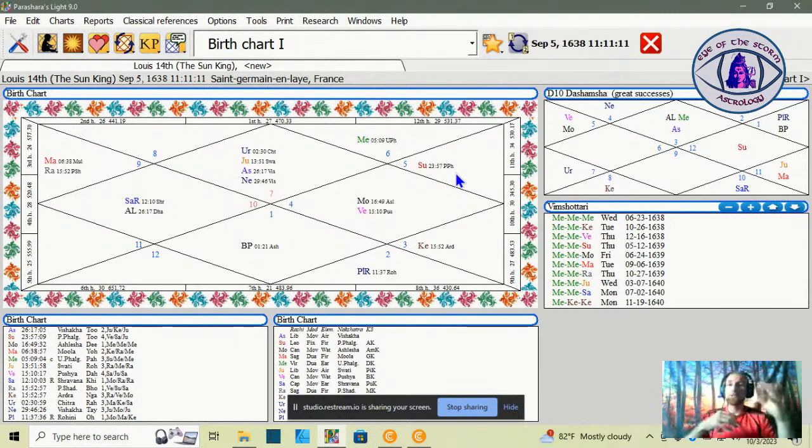Purva Phalguni is symbolized by the foot of the royal bed, literally a royal bed, and Uttara Phalguni is the head of the royal bed. So Sun and Mercury both being here, it's like owning the whole royal bed, so to speak. Again, this theme of royalty coming up.